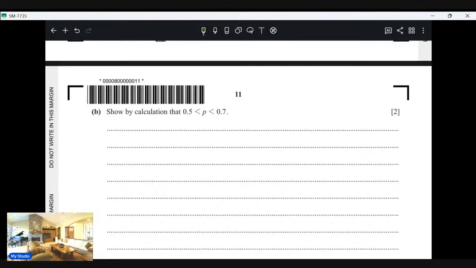Can you see it? So we're going to have to prove that it is between 0.5 and 0.7.